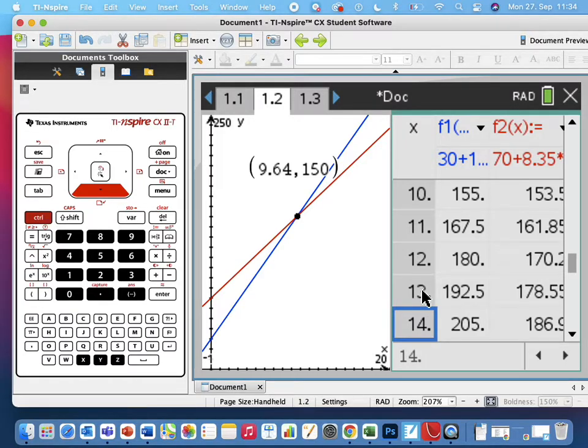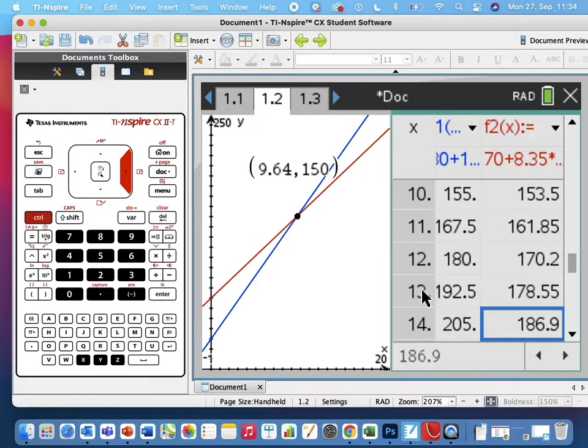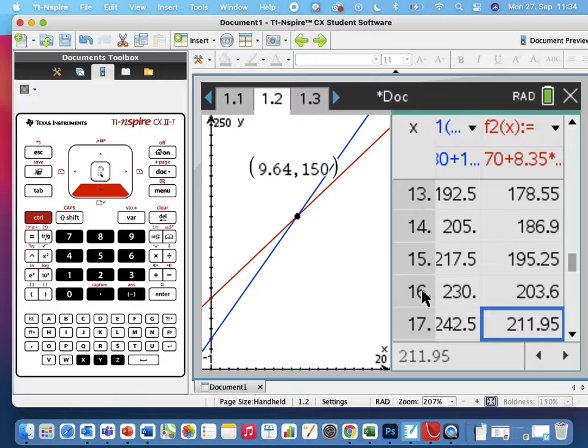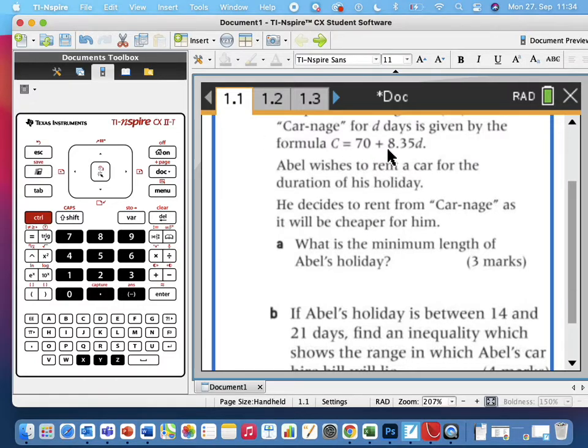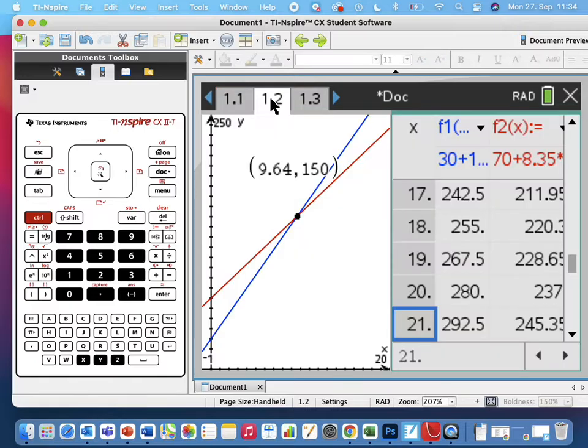I've got the answers on the screen already. The range is the output, the cost. So you should be having 186.9 and 245.35. Again, it's all already there. Of course, you could just substitute 21 back into the equation, 70 plus 8.35 times 21. But because we've set the graph up beautifully in the table of values, it's there.